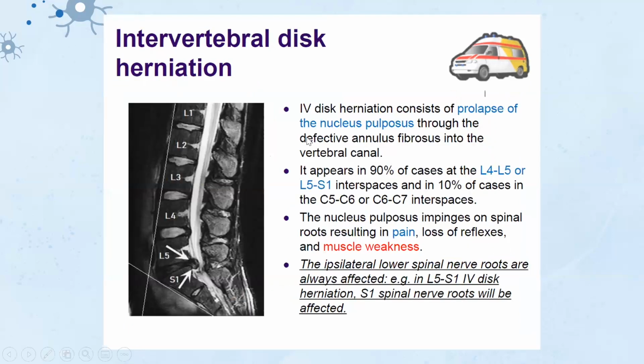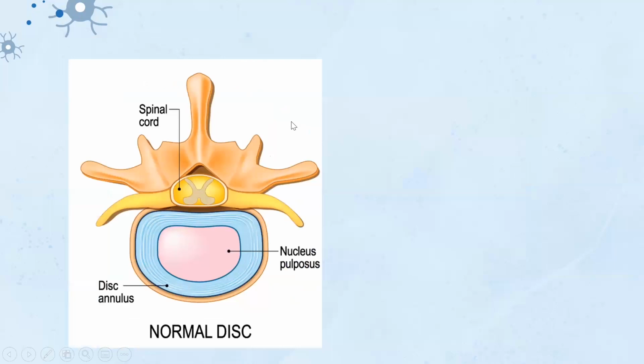Finally, the intervertebral disc. Let me show you. This is a normal intervertebral disc. This is called the nucleus pulposus, and this is the disc annulus.